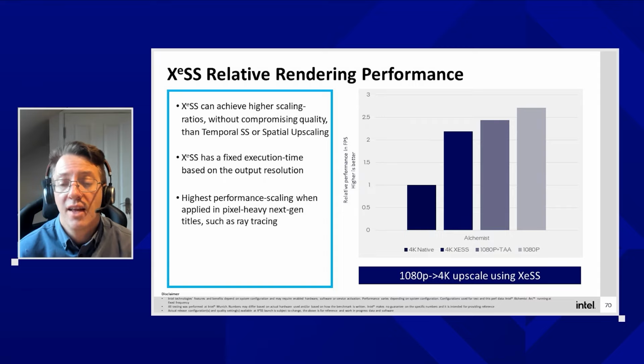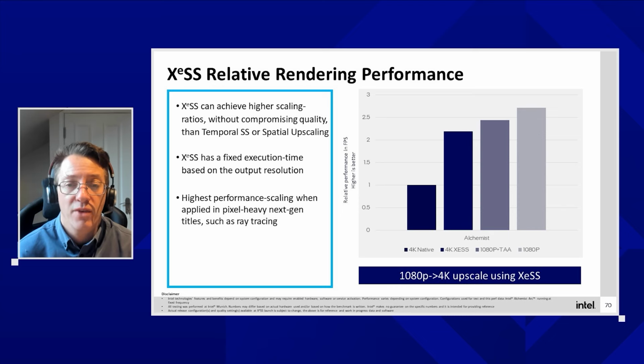The big difference here is comparing 4K XeSS to native 4K. XeSS is more than 2 times faster, and provides almost all of the image quality you get from native 4K. So it's a good example of how we can maintain the quality that we would have, but get most of the performance benefits of rendering at a much reduced resolution.